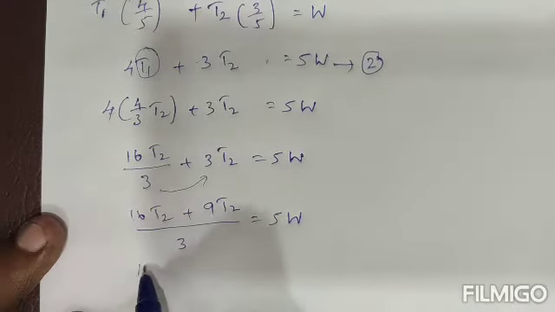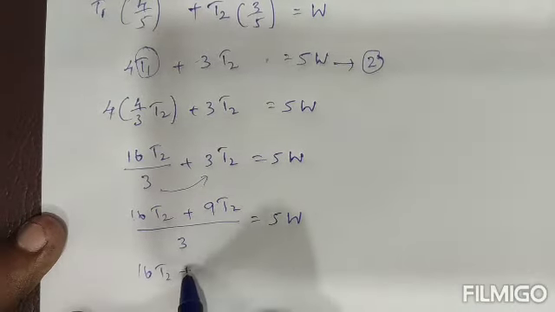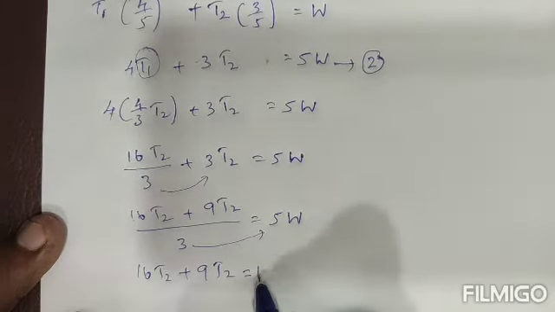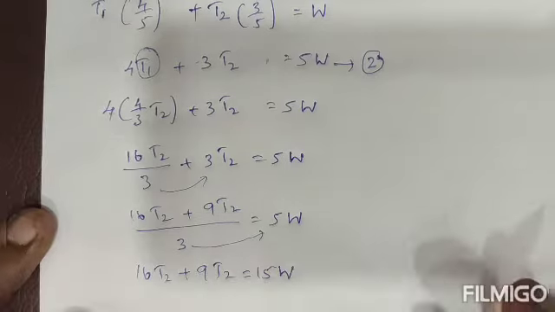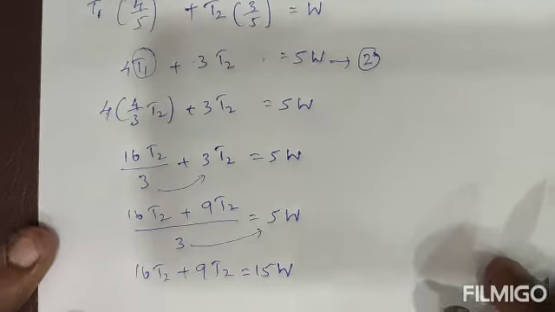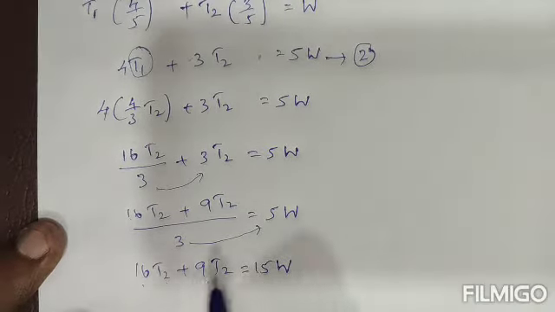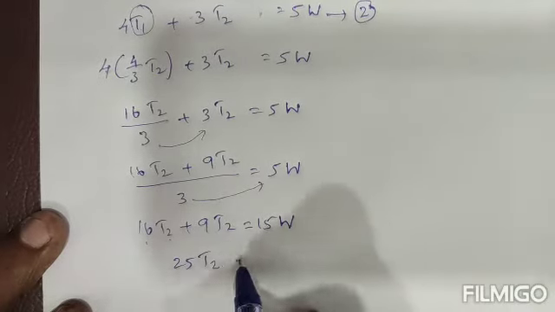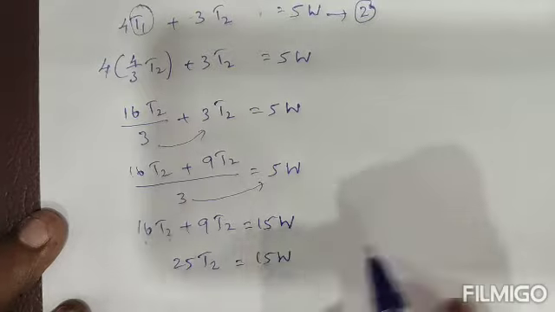Therefore, 3 into 5 is 15, so 15w. So 16 T2 plus 9 T2, that is 25 T2, is equal to 15w.